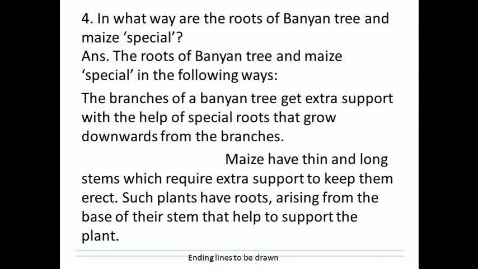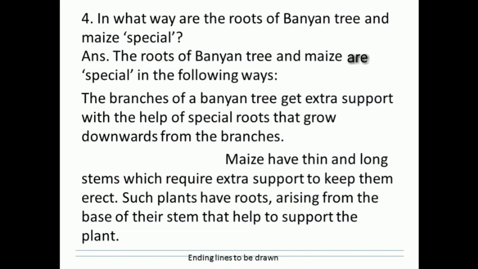Now next question is, in what way are the roots of banyan tree and the maize special? So the answer is, the roots of banyan tree and maize are special in the following ways. The branches of a banyan tree get extra support with the help of special roots that grow downwards from the branches.